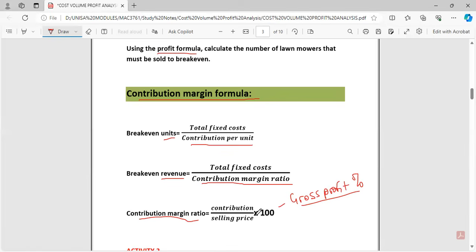So you should just relate it to the calculation of your gross profit percentage. If the question requires you to calculate the break-even revenue, then you need to first calculate the contribution margin ratio. Then you can now use it here.